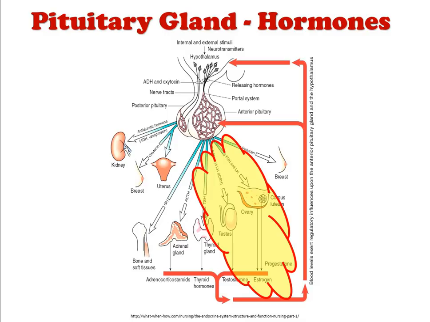For example, if there's a question saying, which of the following is a gonadal hormone, and the options are estrogen, adrenocorticosteroid, oxytocin, ADH, everybody must answer it correctly. Estrogen is the correct option there. These are just the basic things, and you should know that.